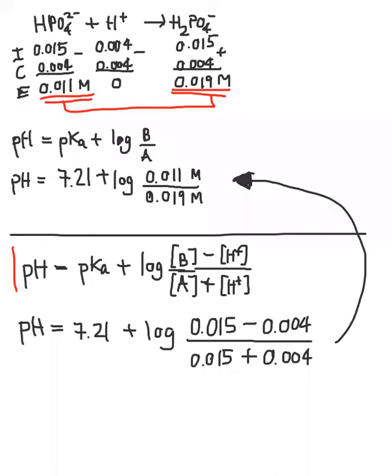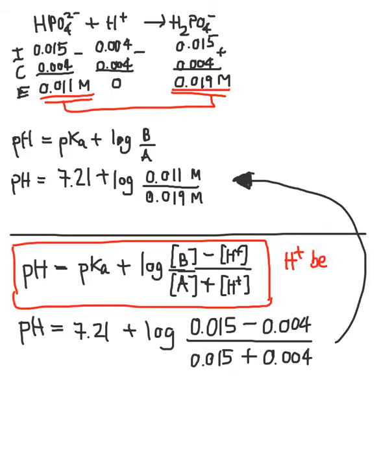Again, this equation is only used when you have acid being formed after you let the reaction occur. Pay attention to the minus and plus signs over here, because if you run the reaction and a hydroxide ion is being formed or the proton is consumed, it will be different from this equation.